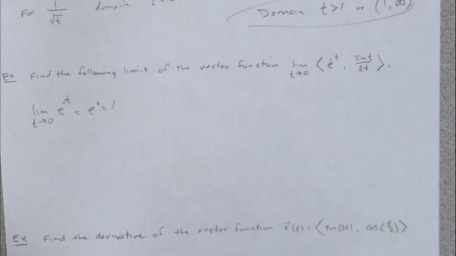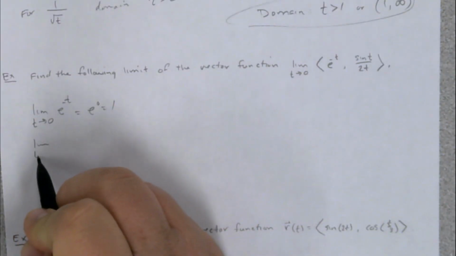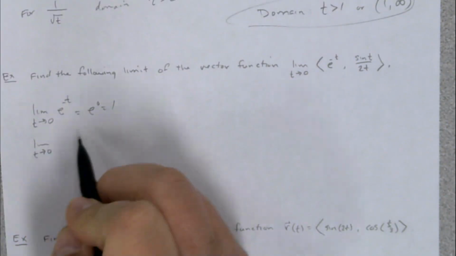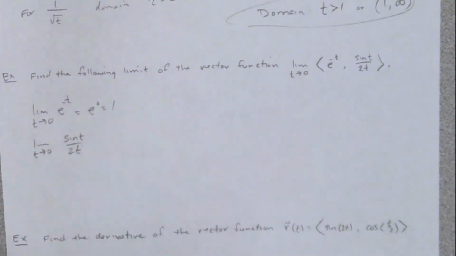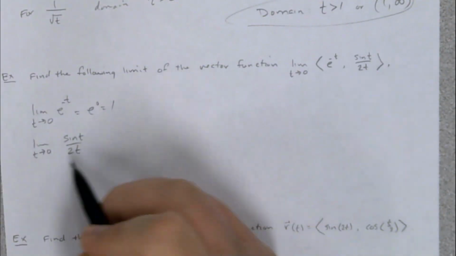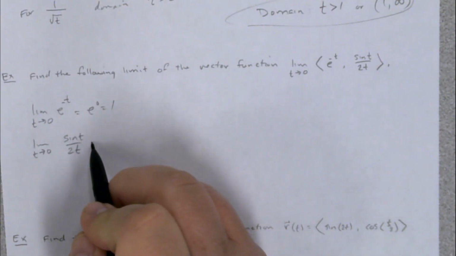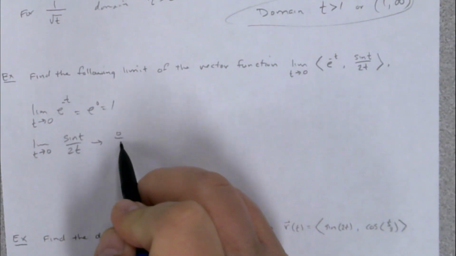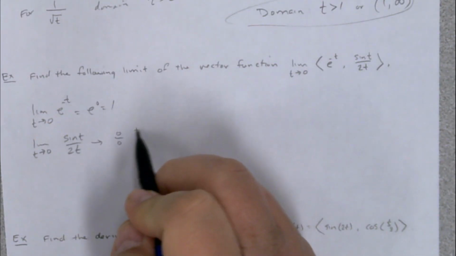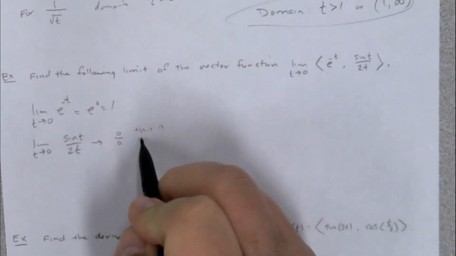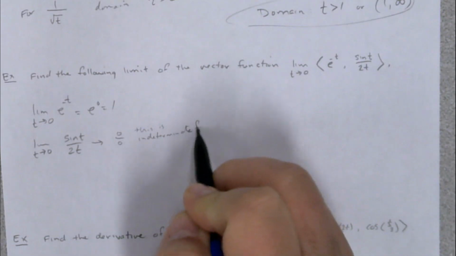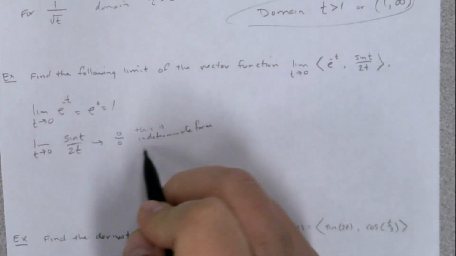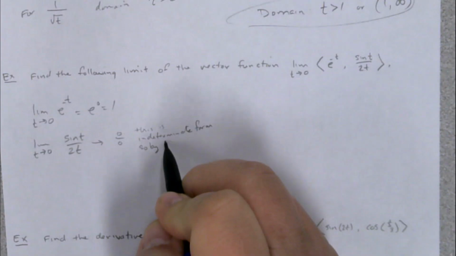And the limit as t approaches 0 of sine of t over 2t? If I try to plug in 0, I get the indeterminate form, and so I can use L'Hopital's rule.